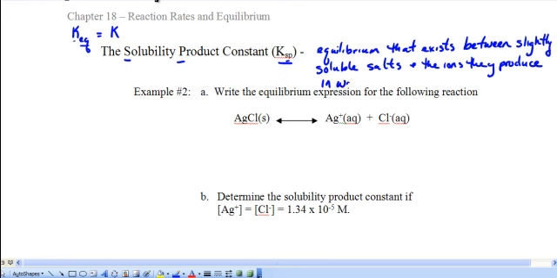Now, we call them slightly soluble because they do dissolve to a small extent. If you think back to chemistry A, we generally call these insoluble because to the naked eye you can't tell that any dissolves. It's an incredibly small number, as you're going to see in just a second here.